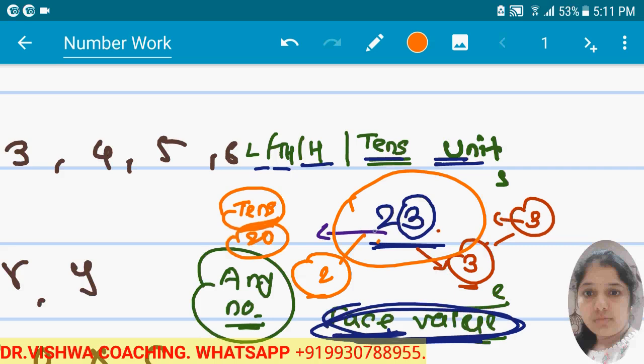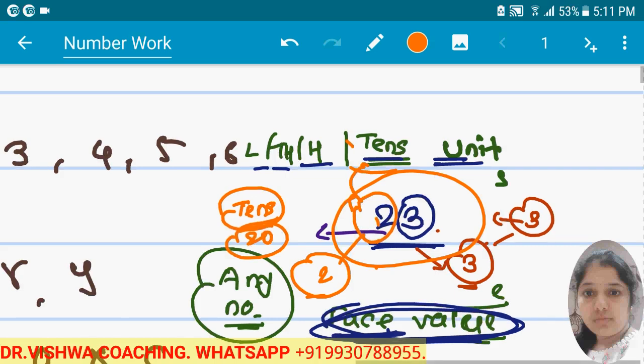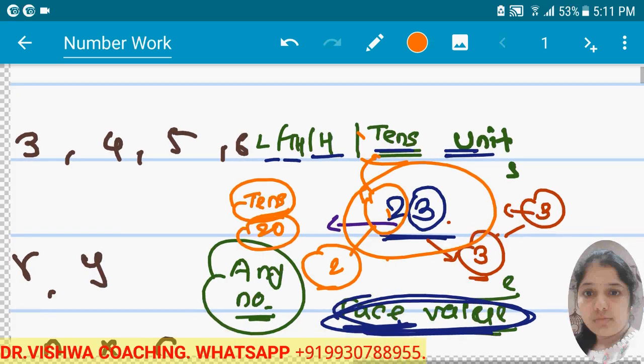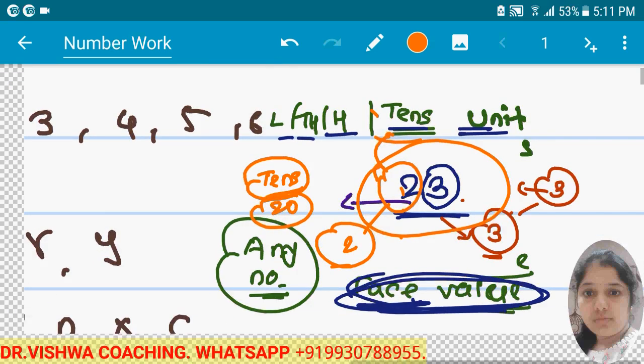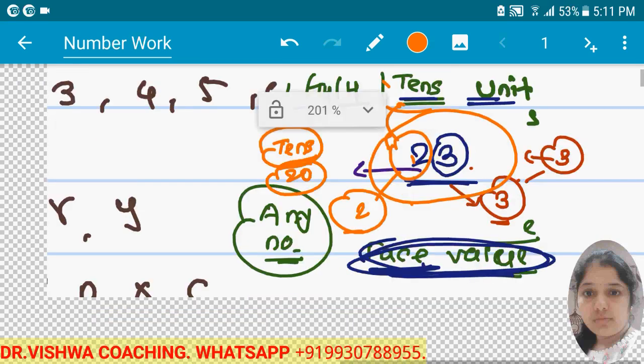The position at which a digit is placed gives its place value, but the face presentation of that digit, which number it represents from 1 to 9, is known as its face value. These are the things I want to explain before we move ahead to learn more about numbers and solve the practice exercise based on number work.